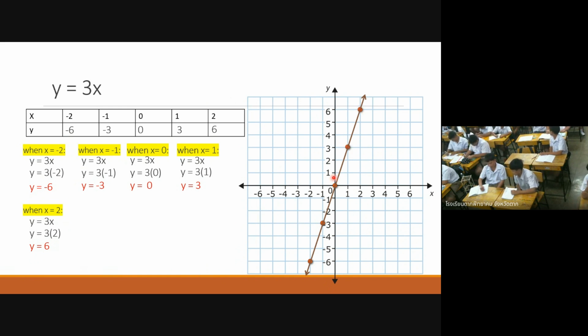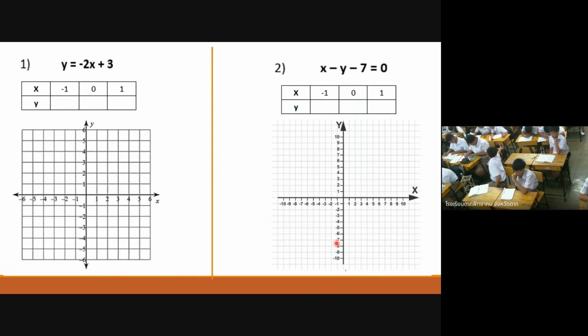Connect the points, but make sure you extend the line and put an arrow. Okay? If your graph is wrong, no score.